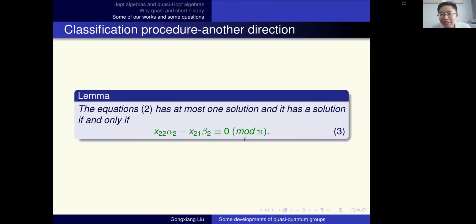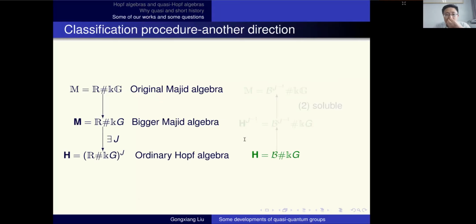If you have the original quasi-Hopf algebra, it is very easy to check whether this equation is true or not. So anyway, if you take the original Hopf algebra, you can take the converse procedure. If equation 2 or equation 3 is soluble, you can get the original modular algebra. This way gives our way to classify the original modular algebra.